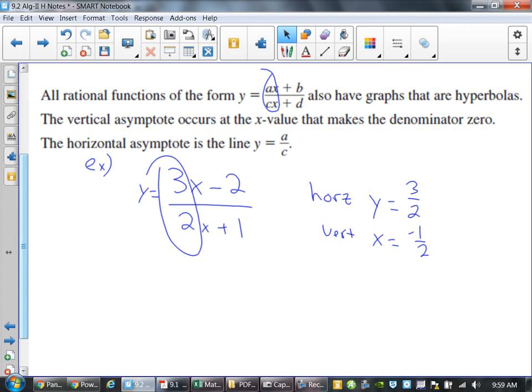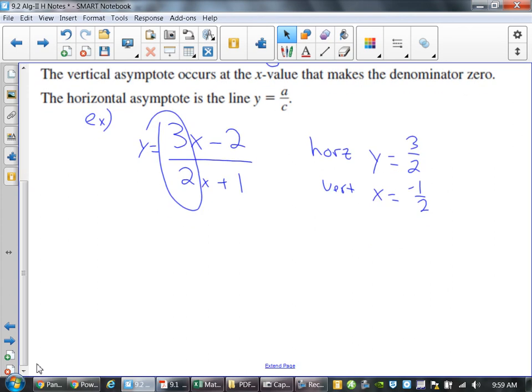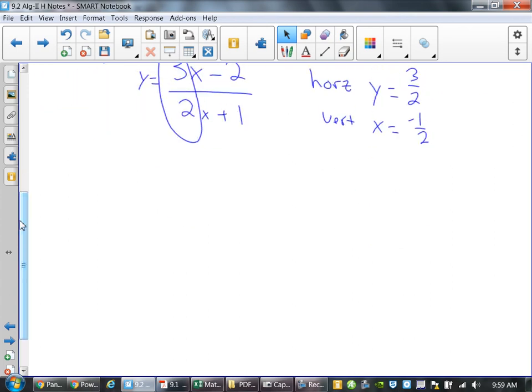And then as far as graphing something like this, well, vertical asymptote at -0.5. Horizontal asymptote at 1.5.